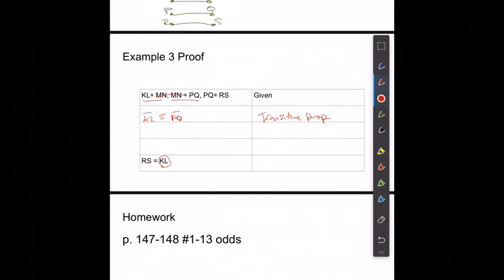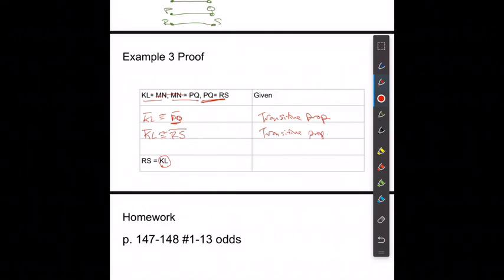So I could say, since KL is congruent to PQ, and I've stated that, now what I could say is, okay, KL is also congruent to RS. Okay, and the reason that I can do that is also transitive property, right? Because of this guy right here. Okay, so transitive property allows me to do that.